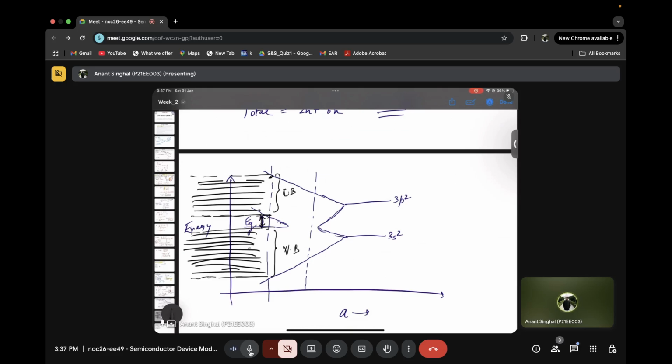In a textbook, you see a diagram in which they say this is EC, this is EV, and this is EG. That is just a very easy representation.